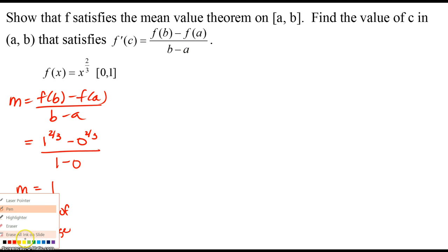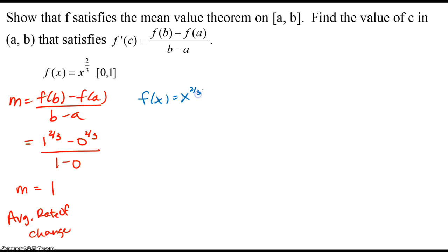Okay, well, let's take a look up here at the left-hand side, which is the derivative. So the derivative in terms of x: if f of x equals x to the 2/3, f prime would equal 2/3 x to the negative 1/3, which is the same as 2 over 3x to the 1/3, or 2 over 3 cube root of x.